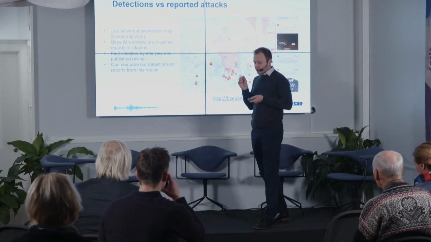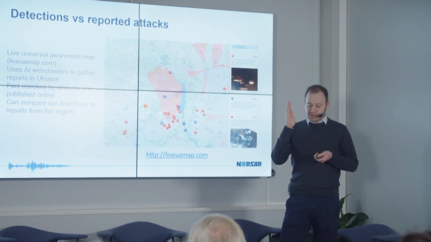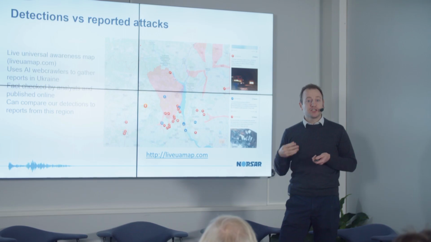So, as we are so keen on getting meaningful interpretation from these explosions, we want to be able to use our detections and compare them to what is being reported.